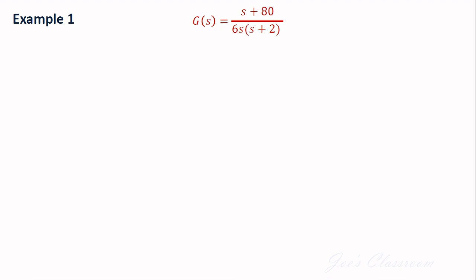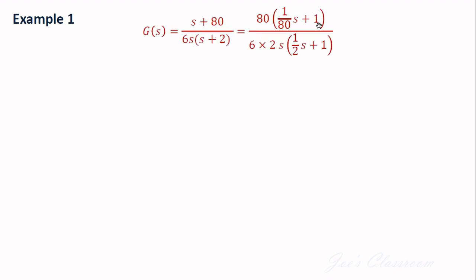So it is necessary to convert this transfer function into time constant form. To do that, the constants in these first order terms have to be made 1. For that, I have to take 80 out of these two terms and 2 out of these two terms.